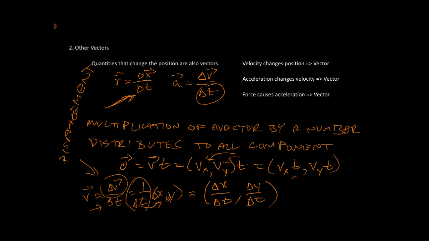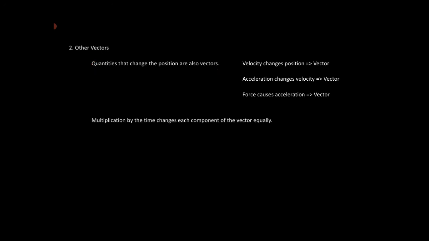Okay, that seems reasonable. And so that's more or less how we accomplish that. If we're going to multiply by a scalar, we just multiply each component by that scalar. If we're going to divide by a scalar, we just divide each component by that scalar. A scalar is just a number.